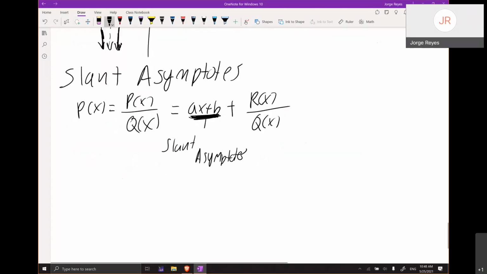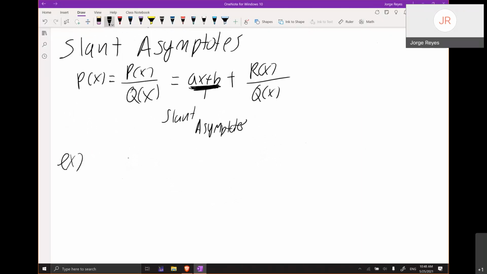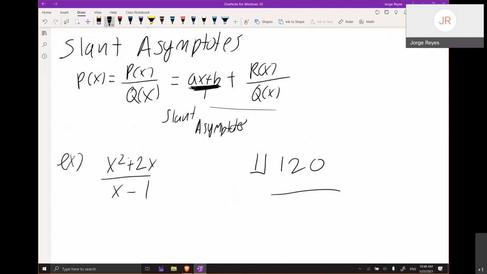All right, so here's an example. If I have x squared plus 2x over x minus 1, then I have to get it to look like this. How I do that is I divide. I'm going to synthetic divide this time instead of long divide. 1 falls down, 1, that's 3, that's 3, that's 3.